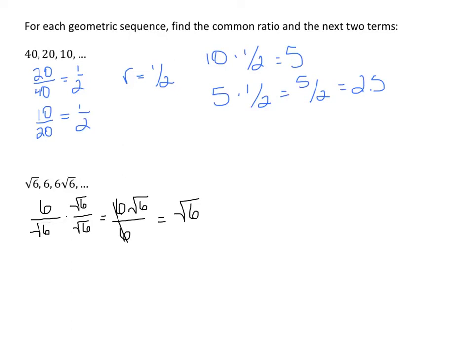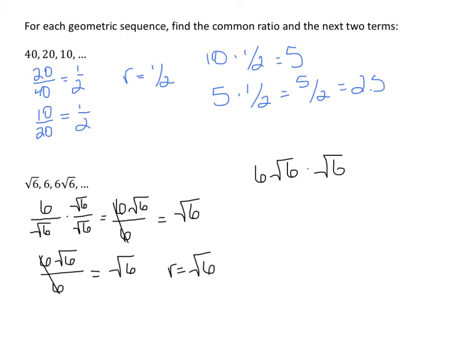I can do the next two terms, which is 6 root 6 over 6. So my common ratio is the square root of 6. To find the next two terms, I will take 6 square root of 6 times the square root of 6, which is 36. 36 times the square root of 6 is 36 root 6.